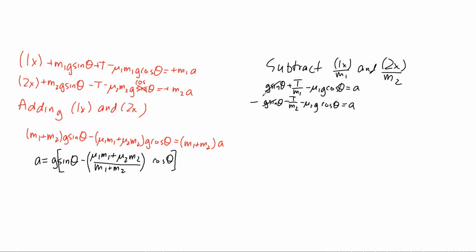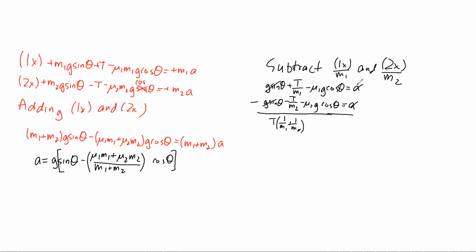So when you subtract these two equations, yeah, the a's are going to cancel. And so what you'll be left with is T times (1 over m1 plus 1 over m2).